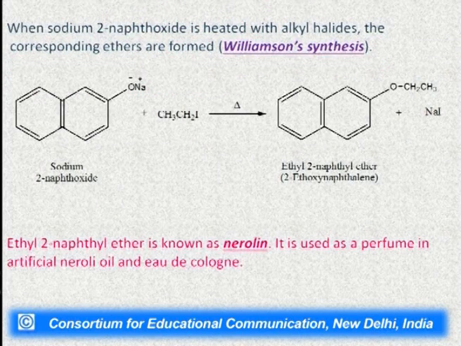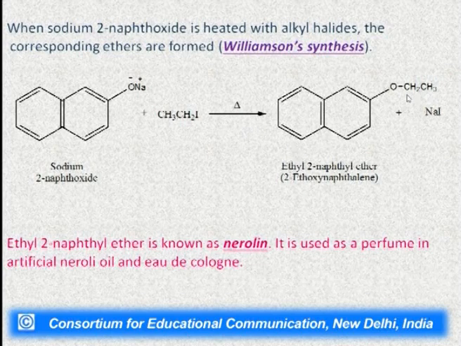When sodium 2-naphthoxide is heated with an alkyl halide, we will get the corresponding ethers, which is called Williamson synthesis. Here, this sodium 2-naphthoxide, when treated with ethyl iodide on heating, will give us ethyl 2-naphthyl ether.